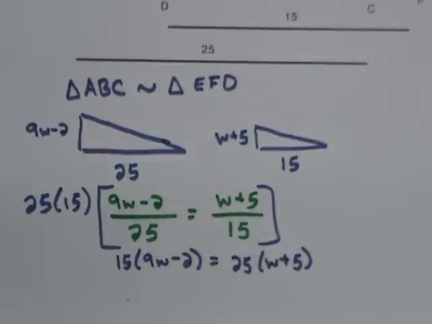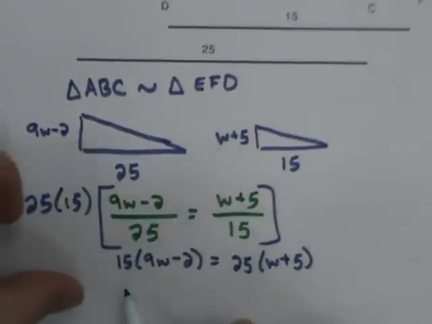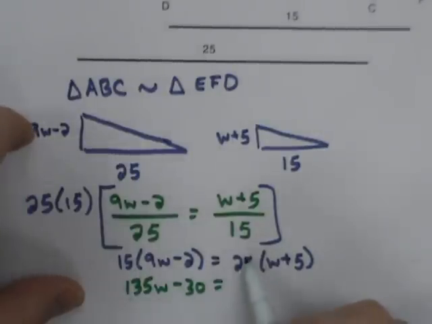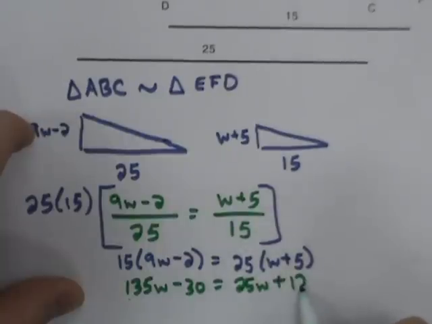I don't think it's the end of the world because we have calculators, and so you might as well use the calculator. I'll go 15 times 9. That gives me 135w minus 15 times 2 is 30 equals, as I distribute this, 25w plus 125.